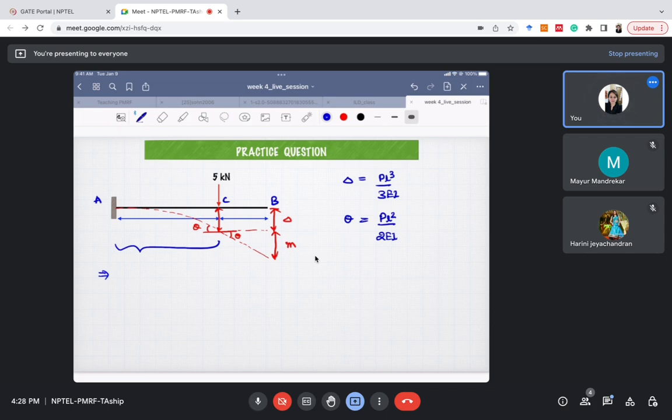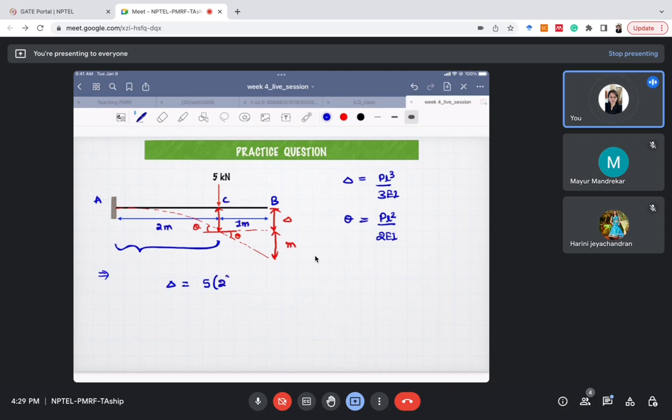So P is 5, and please see which L you have to take. We are finding the deflection at point C, so we will take L up till point C only. Up till C, this length is 2 meter, and from here it is 1 meter.